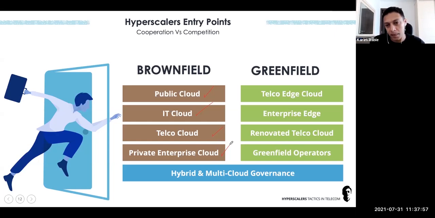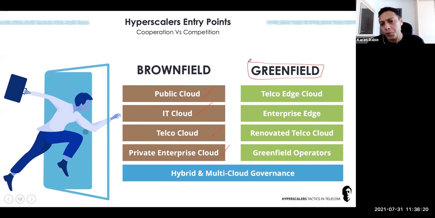So now we go to the greenfield, which is more interesting. There is new technology that hasn't been there before, and that's a sweet spot for hyperscalers because they can easily go in, show their capabilities, commit, and acquire. One of them is the Telco Edge and the Enterprise Edge.